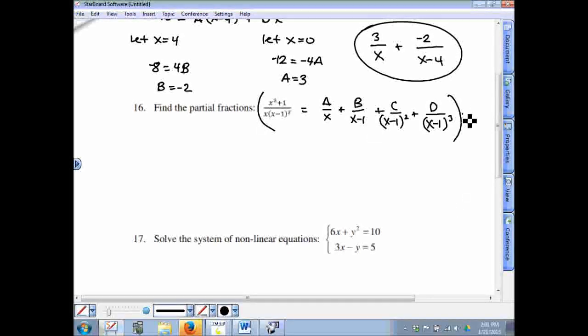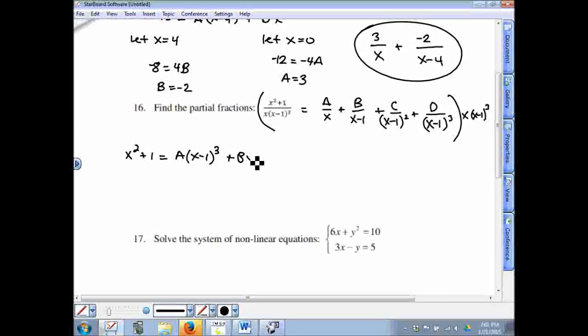So again, multiply the entire thing by the lowest common denominator, x times x minus 1 cubed. If this multiplies all the way to this original equation, the denominator cancels out completely, and you're left with x squared plus 1. If the denominator multiplies over here to the a term, the x's would cancel, so it's a times x minus 1 cubed. If the LCD multiplies over to the b term, x minus 1 cancels with one of these x minus 1s.